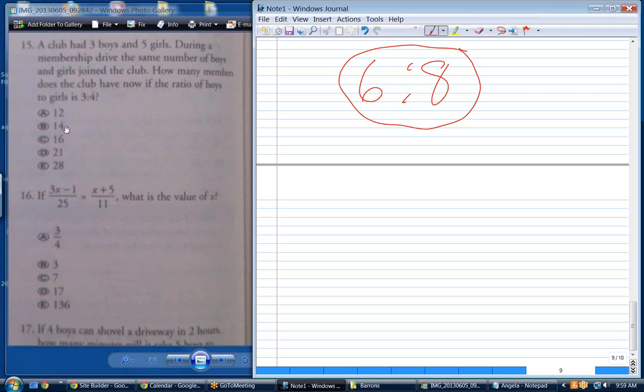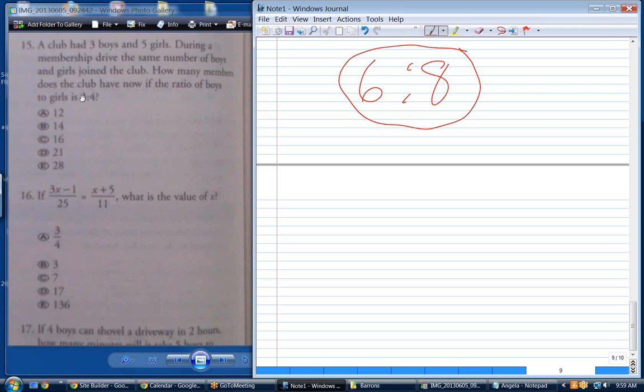That doesn't mean it's the correct answer yet. But notice that we could not even break 12 down such that it's in a 3 to 4 ratio. There's no way to break 12 down to give a 3 to 4 ratio.